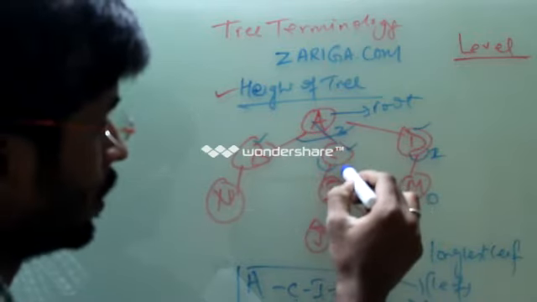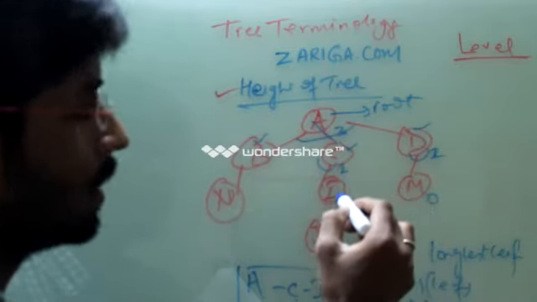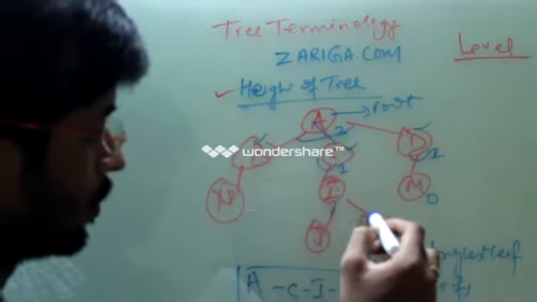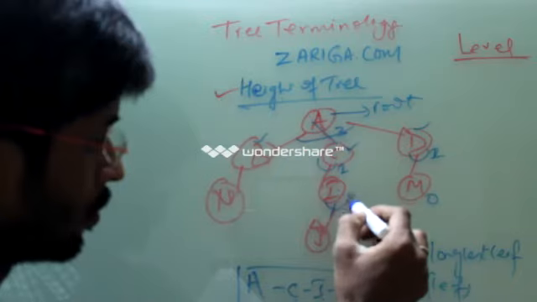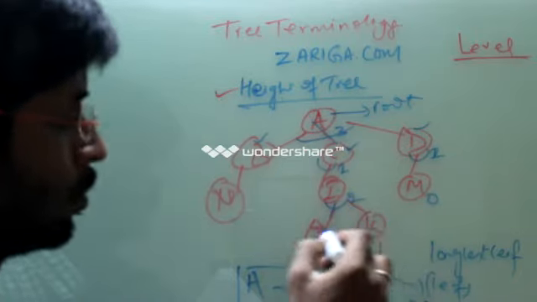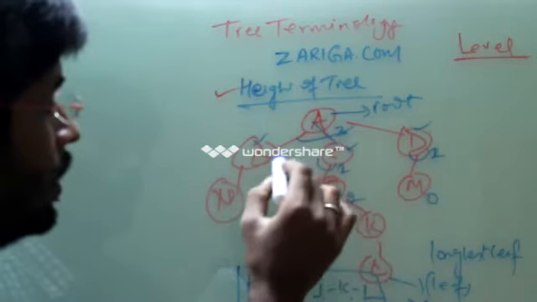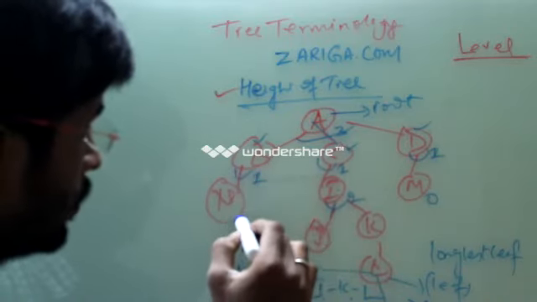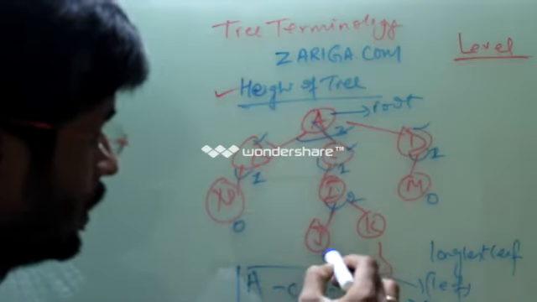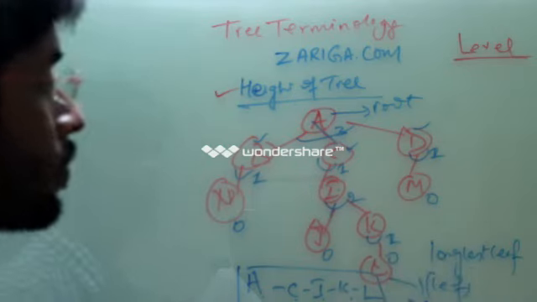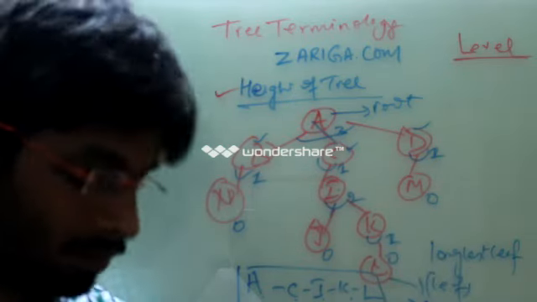The degree of node C is 1 because I is the only child of C. The degree of I is 2 because I is the parent of J and K. And the degree of B is 1. The degree of node N is 0. J is 0, K is 1, L is 0. Thank you.